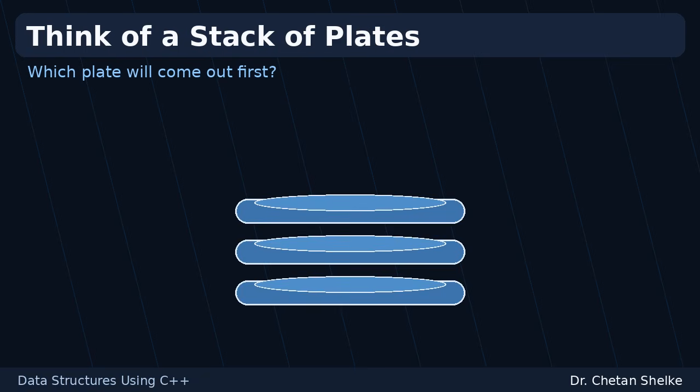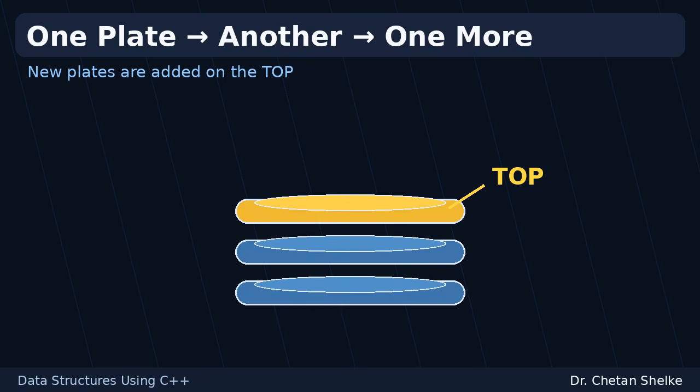Have you ever seen a stack of plates? Suppose I place one plate, then another plate, and then one more plate on the top. Now if I want to remove a plate, which plate will come first?